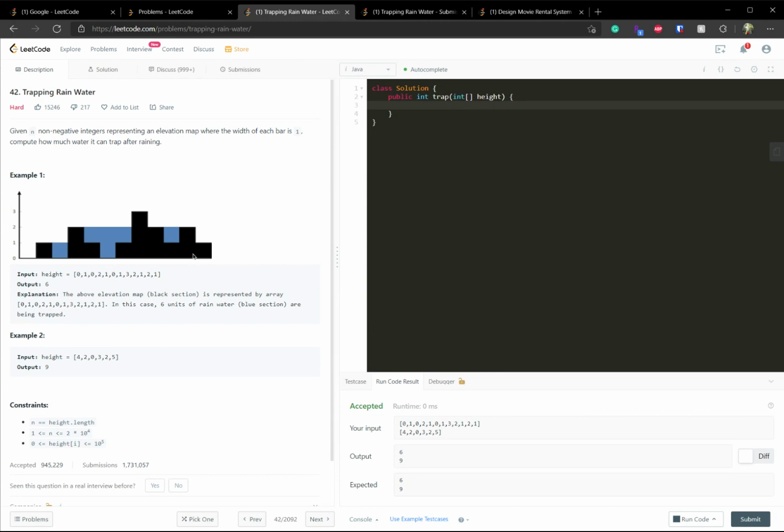If the pointer on the left is lower than the right, then we know for sure that there might be some water that can be trapped on the lower side, because on the higher side, there's no way that water can be trapped on top of it if it's the higher number.